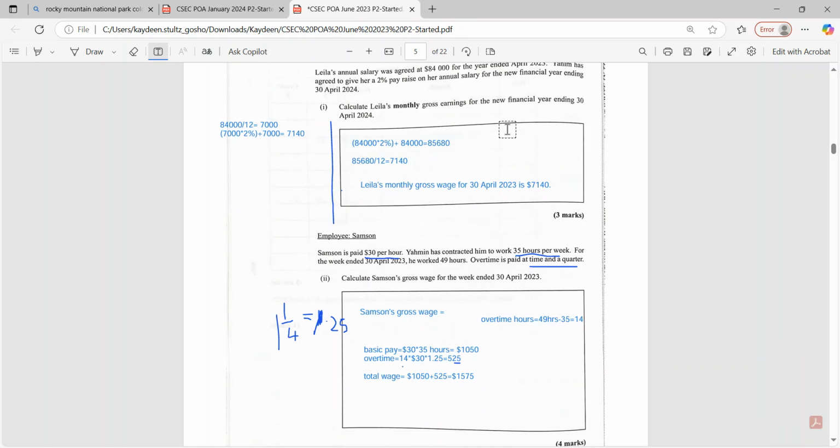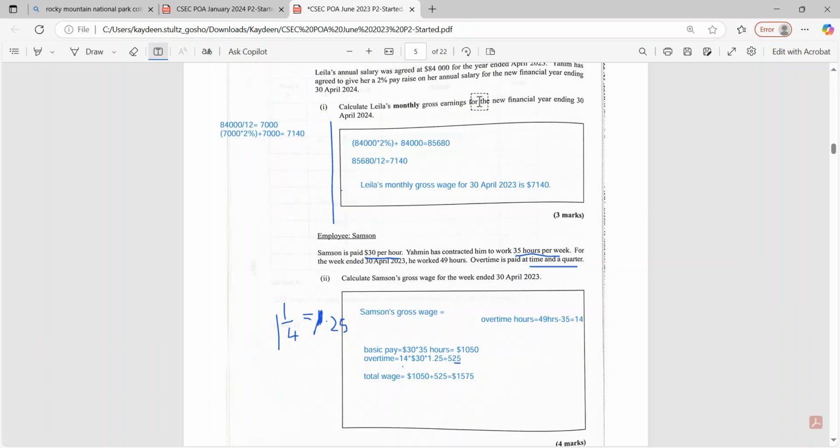So what you will go ahead and do is to find the 2% raise that Leila should get on her salary. So what I did, or what you should do, is to multiply $84,000, which is her pay for the year before, by the 2%, and then you add it to the $84,000. Or you could simply have done $84,000 multiplied by 102%, which would give you 85,680.